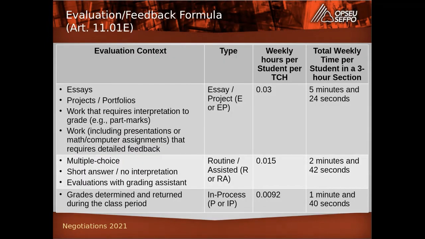The collective agreement recognizes three different types of evaluation that we need to perform in the course of teaching courses. The first is called essay project and is identified as E or EP in our SWFs. And that covers essays, and also projects or portfolios, but also shorter work that requires interpretation to grade, work that might, for example, receive potentially part marks.